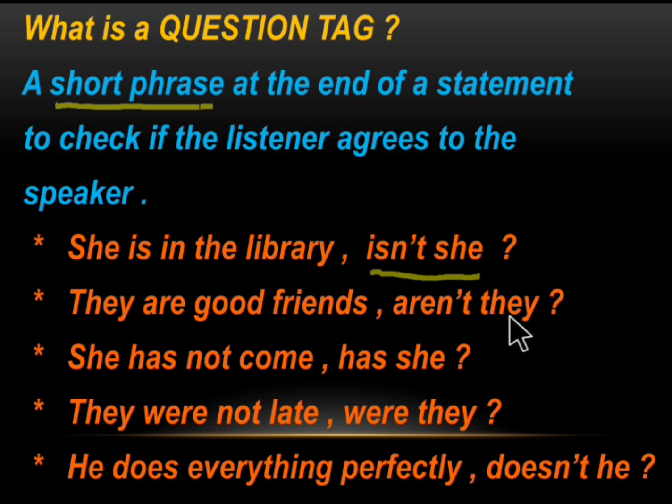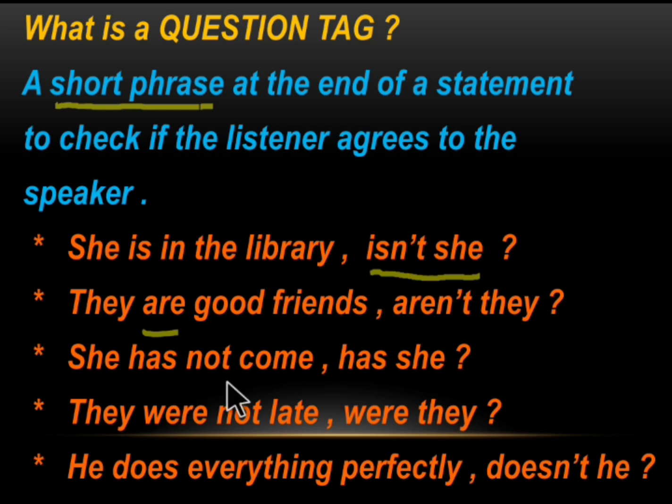How is this question tag framed? It is framed with the help of an auxiliary verb and a pronoun. The auxiliary verb is already present in the given statement. Here, are is the auxiliary verb. So are becomes the negative form, aren't, and they.